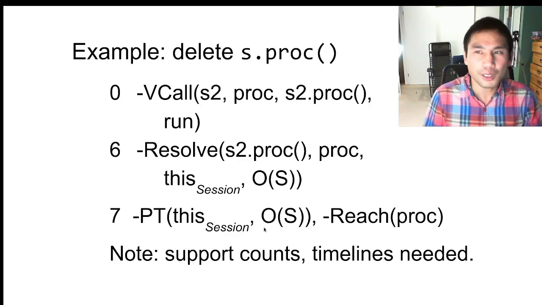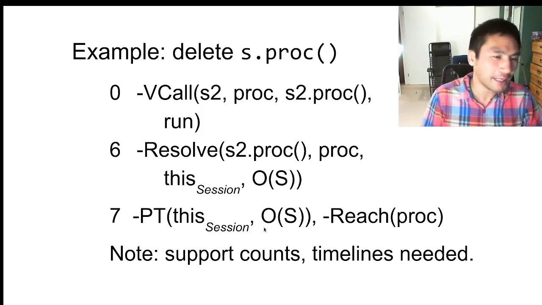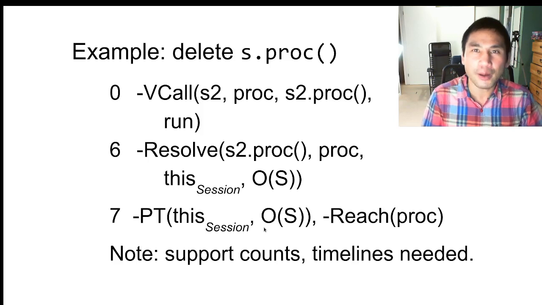All right, so let's say that we have this result with the original program, which I didn't show you. But then we remove a call to s2.proc. In the initial state of facts, that's a minus, which is sort of unclear. But you remove the virtual call to s2.proc at step 0. And then you want to see how this gets reflected in the rest of the facts over time.